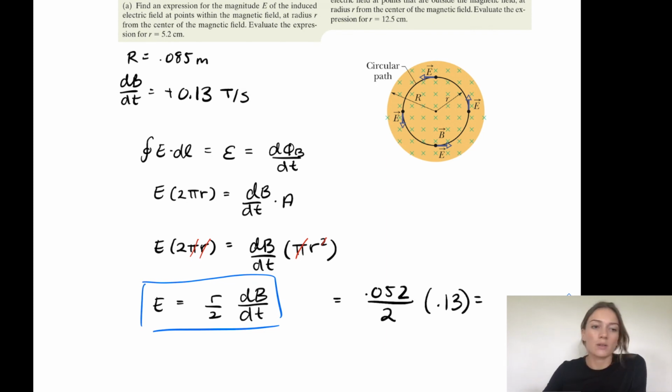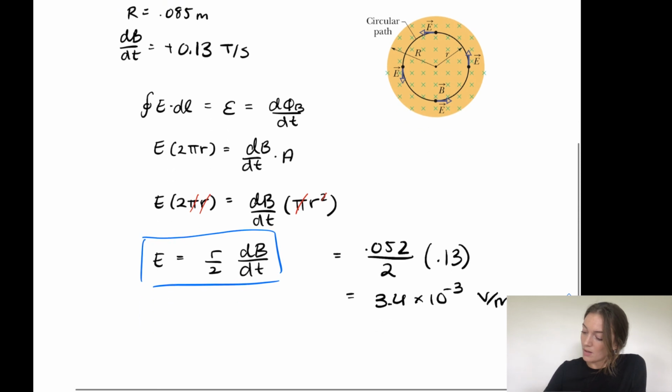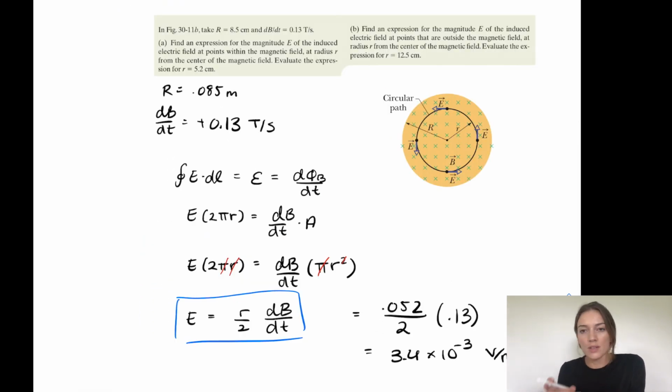So you just multiply those out and you get 3.4 millivolts per meter, or 3.4 times 10 to the negative 3 volts per meter. So the important thing here is to realize that we don't have a wire loop or anything like that here, but we still have a changing electric field.